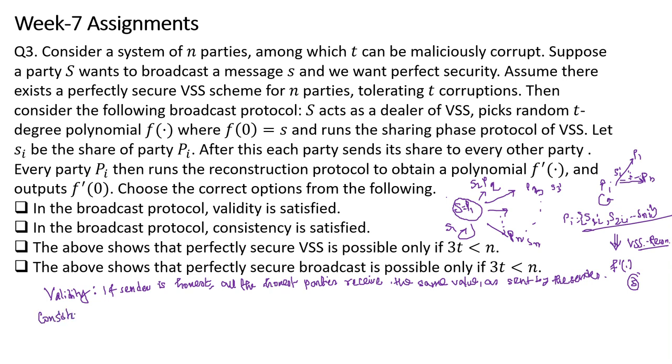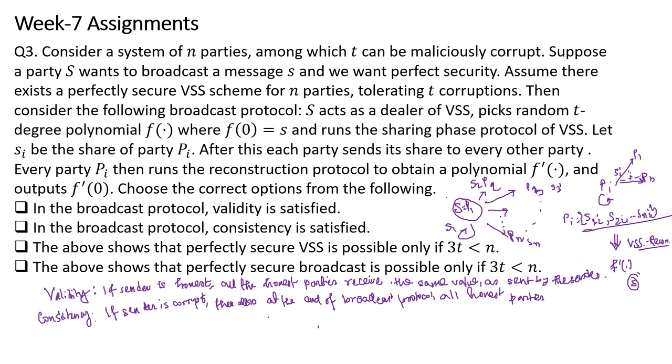The consistency property of a broadcast protocol is nothing but this: if the sender is corrupt, which reflects the scenario that the dealer is corrupt in the VSS protocol, then also at the end of the broadcast protocol, all honest parties will receive a consistent value.